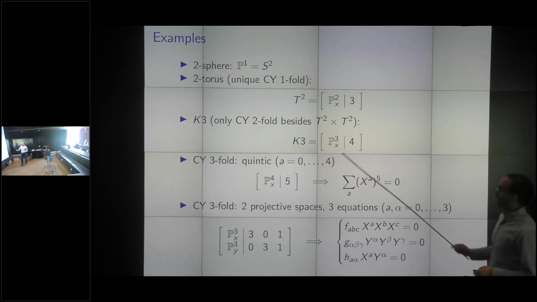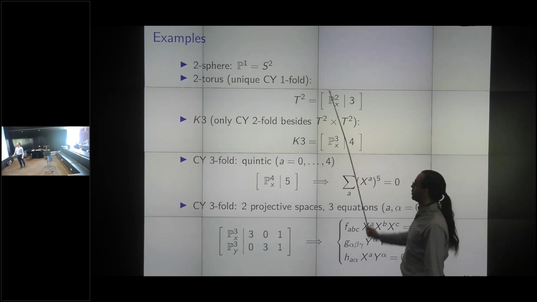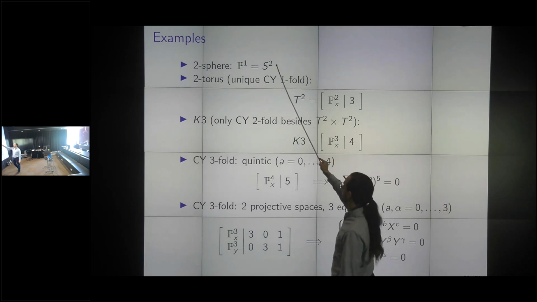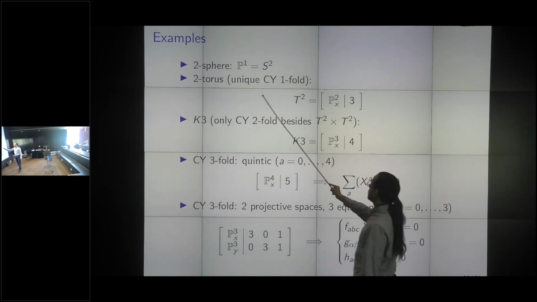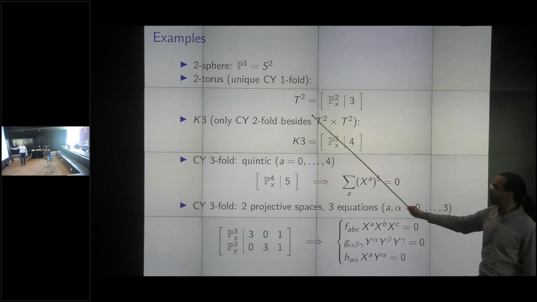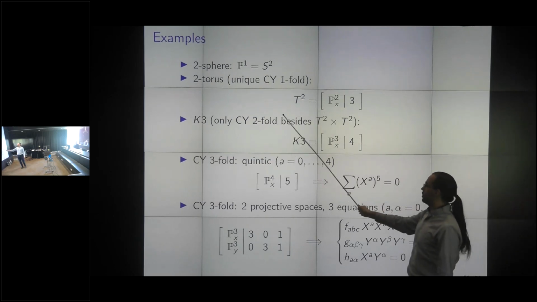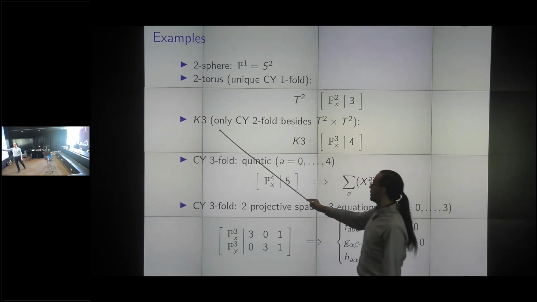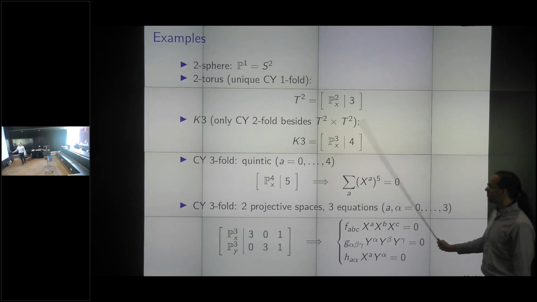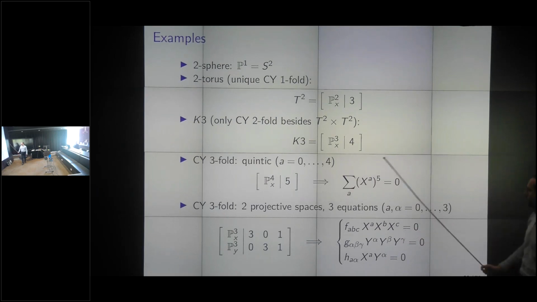Okay, so here are some examples, but very briefly. P1 is a sphere. In one dimension, you have a unique Calabi-Yau manifold, which is a torus. In two complex dimensions, you have two Calabi-Yau manifolds, one which is called K3, and the other is two copies of the torus. And then here you have three-folds. When I say you can describe a Calabi-Yau manifold by a set of equations, it's what I mean.